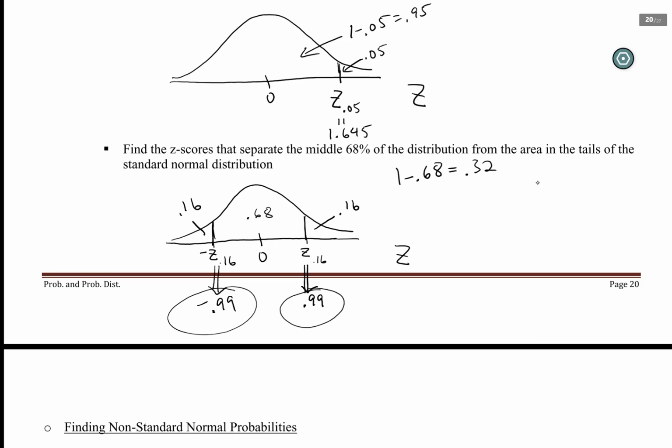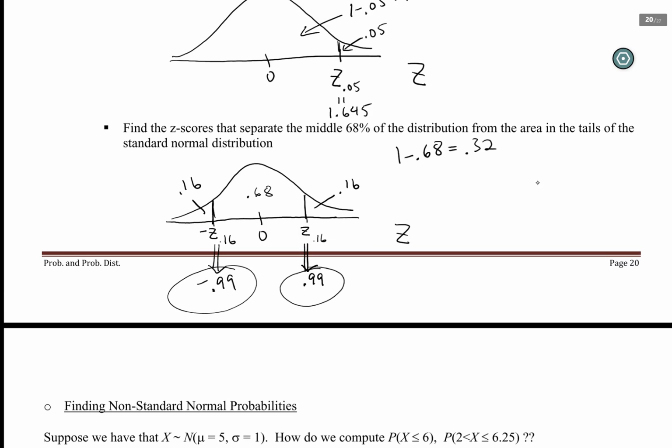This should look somewhat familiar because that's what we had in the empirical rule: 68% of a data set is between plus or minus 1 standard deviation of its mean, and 95% is within plus or minus 2 standard deviations of the mean, and so forth. The empirical rule finds its basis in the normal distribution. We see this fleshed out here for 1 standard deviation from the mean.